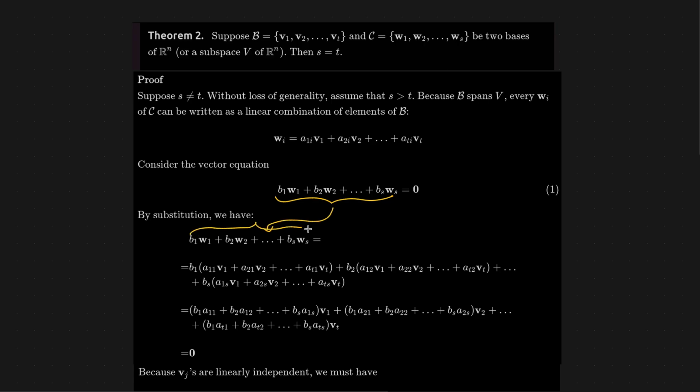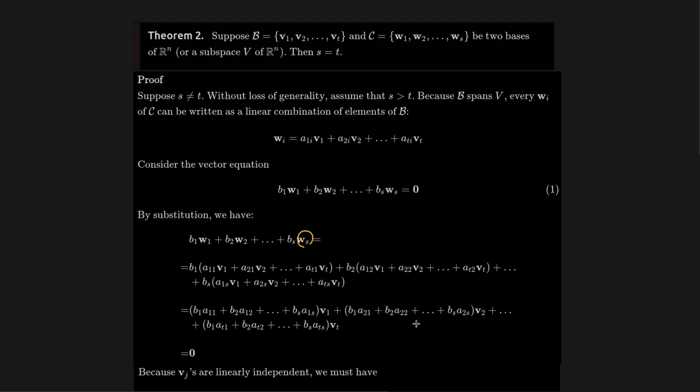This expression on the left-hand side of the equation is right here. But then for every w, we can rewrite it as a linear combination of the vectors in v. So we have b1, and then instead of w1, we have a linear combination of the vectors v. Plus b2, and then instead of w2, we have a linear combination of the vectors v, which forms our basis B. And I could keep on doing this for every w.